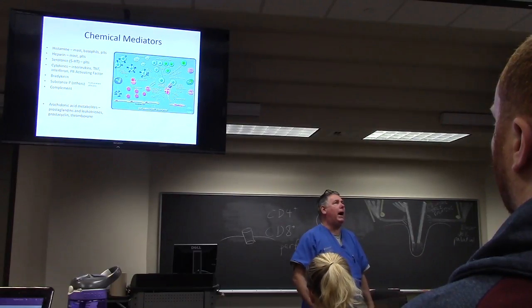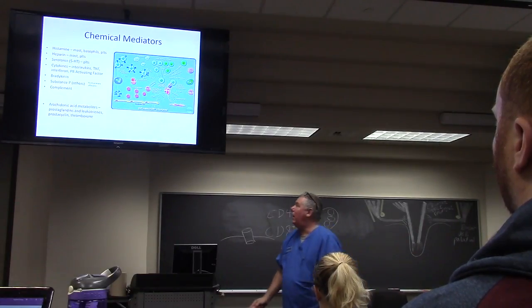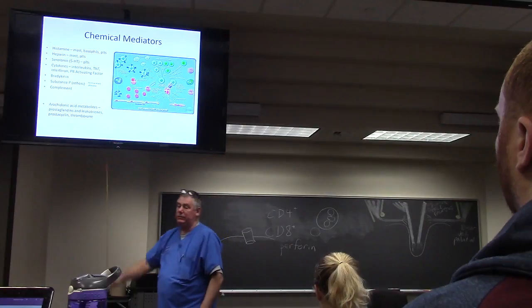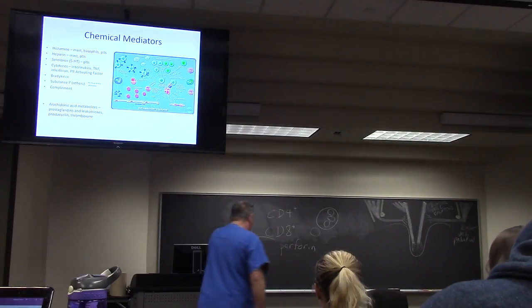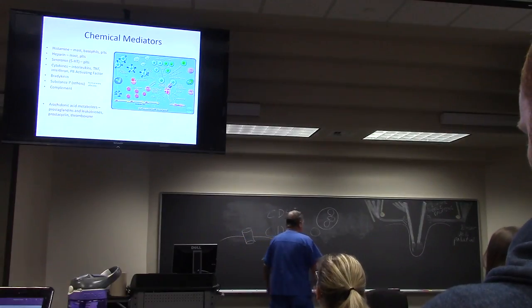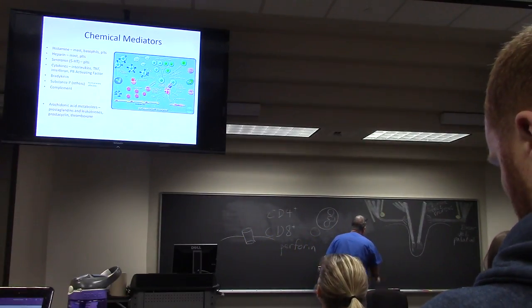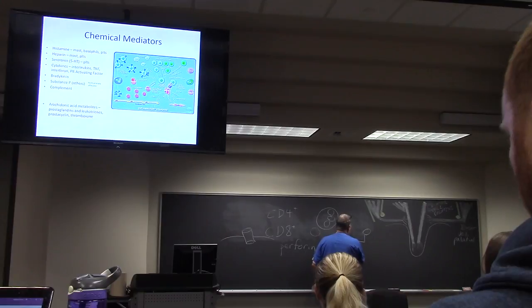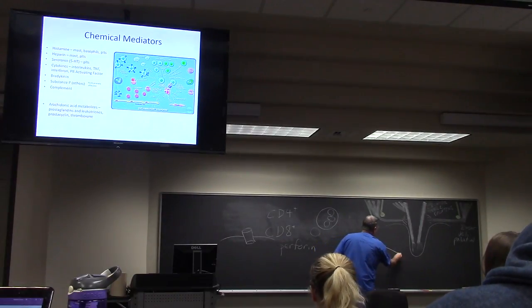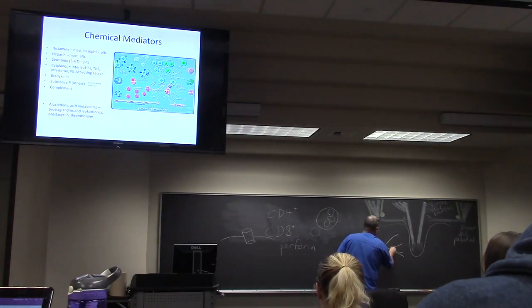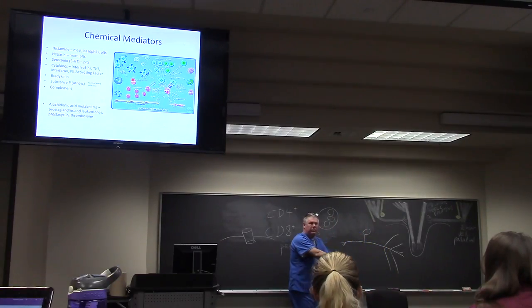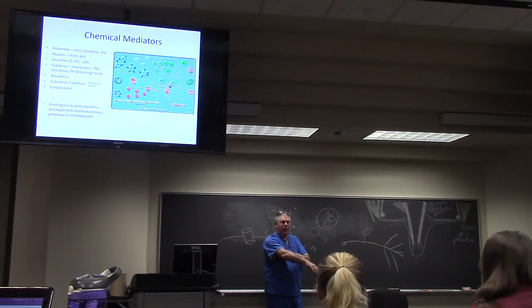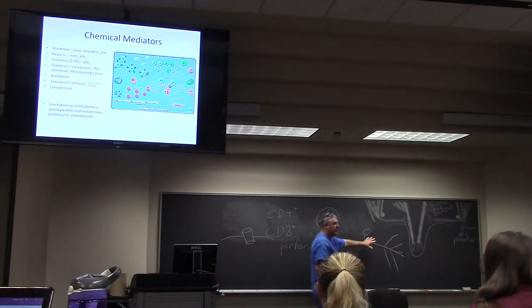Okay. Bradykinin and substance P are a couple of other substances. These are actually, if we look at pseudounipolar sensory neurons going to the skin. So this is the skin right here.